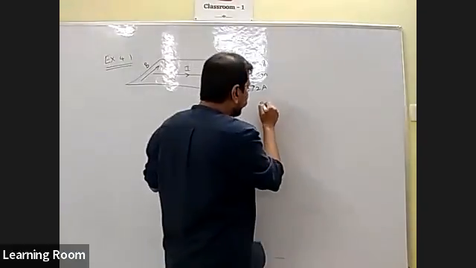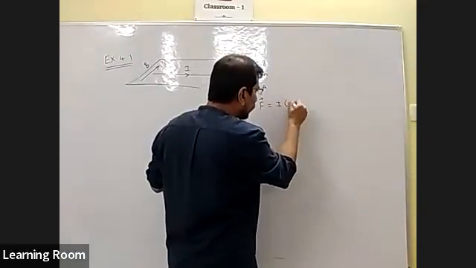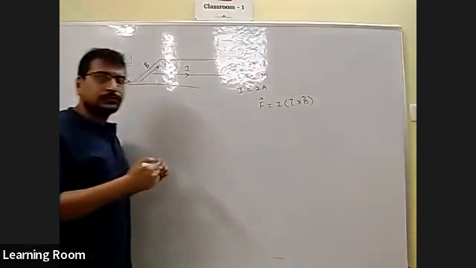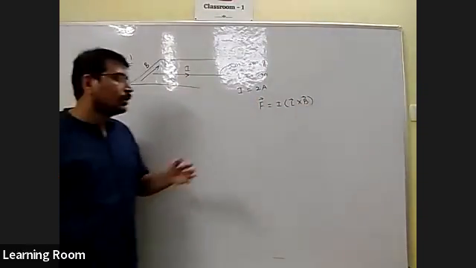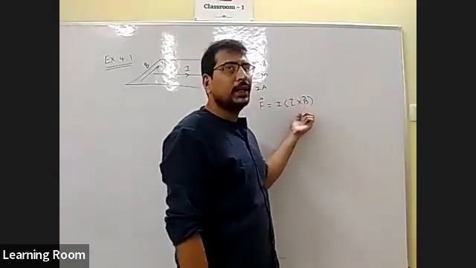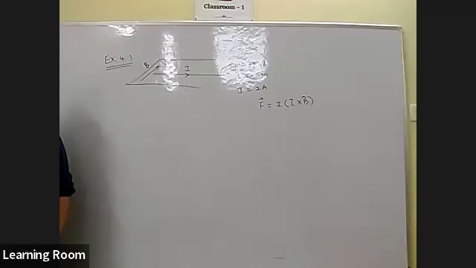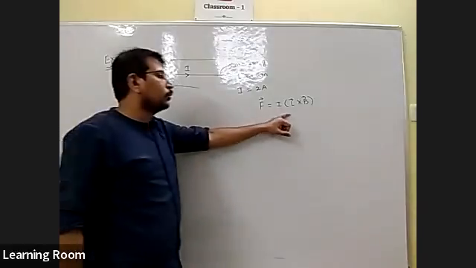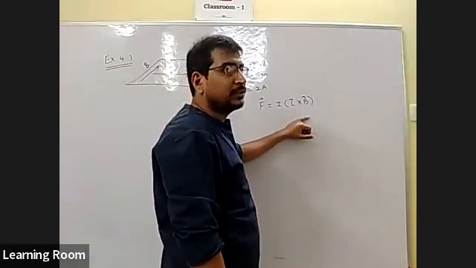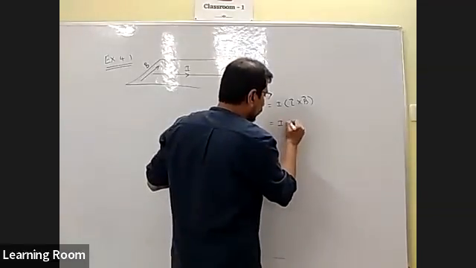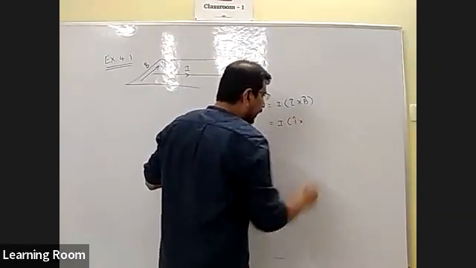So we know that F vector is equal to I into L vector cross B vector, correct? Now, using the right hand thumb rule, find out the direction of force experienced by this current carrying conductor. L vector is in the direction of I cap.